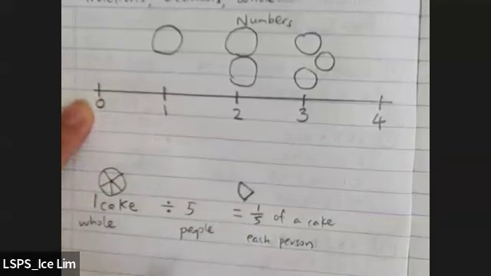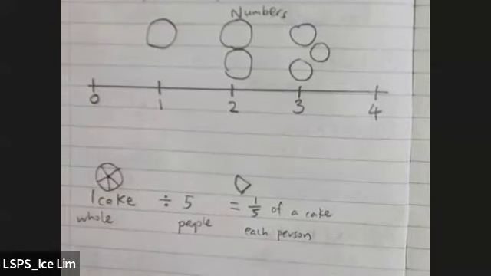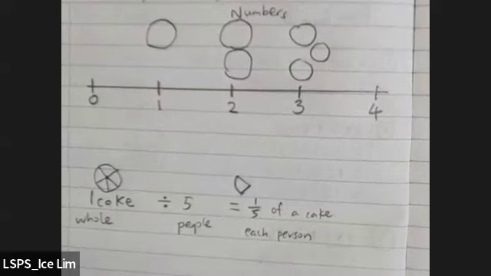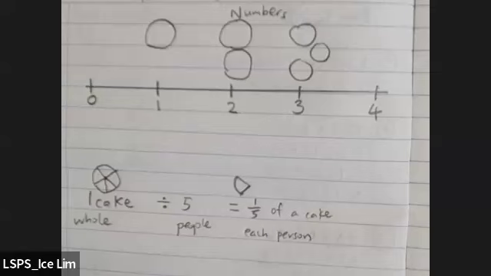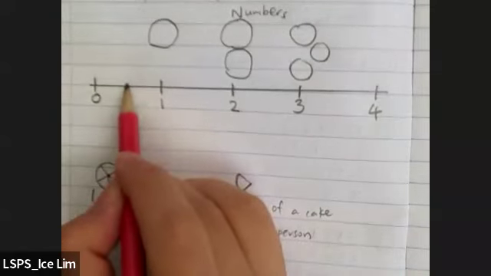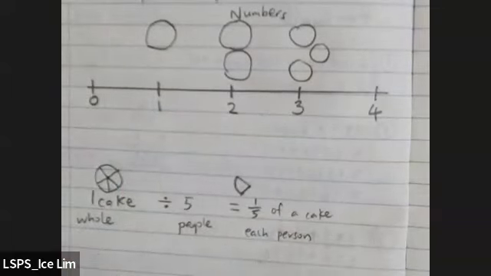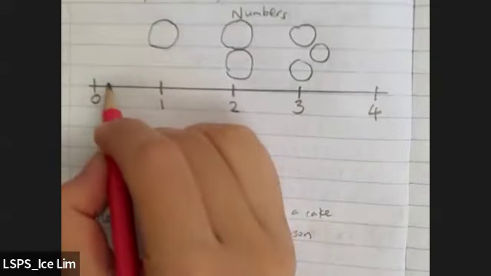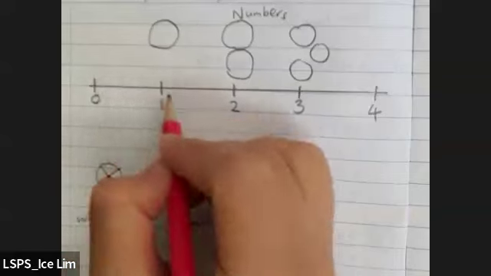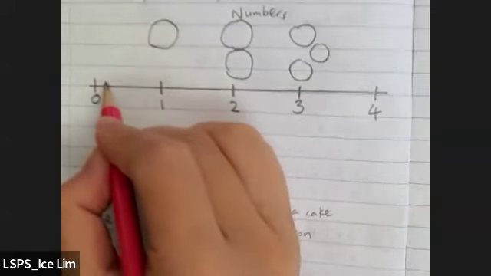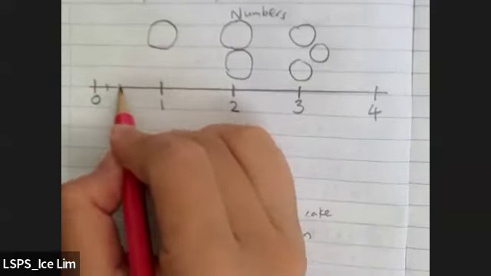In the middle. Closer to the zero. Why is it closer to the zero? If it's in the middle, what would the size be? Half a cake. Yeah, very good. You got that point. So I should be like this horizontal number line. I should be trying my best to cut it into 5 parts too.